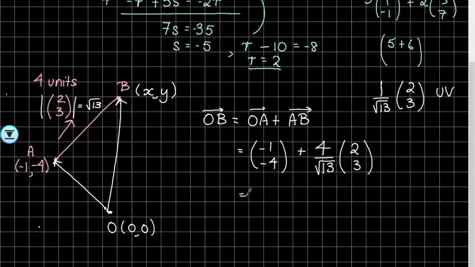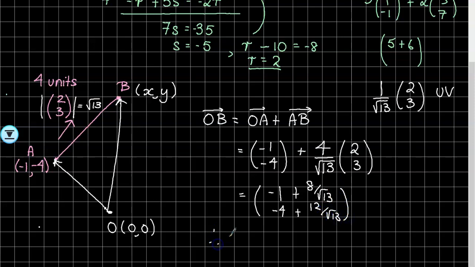But knowing what to do when, that is going to be your issue when they're all mixed together. So that's why we must pay attention. It's not a sit back and just go, oh, this is too easy, because it will get challenging when we mix it all together. So that will be 8 over root 13 and minus 4 plus 12 over root 13.